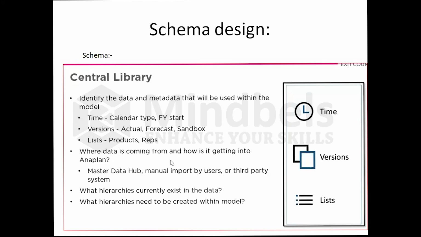So where is data coming from and how is it getting into Anaplan? That's where the integration part comes in, like what is the source system, how it is coming to Anaplan. Then master data hub, manual import by users, or third party system. What hierarchies currently exist in the data? What hierarchies need to be created within the model? All these things you need to understand because these are all part of your list entirely, right? So you need to identify these in the third step to build your model's central library, right?